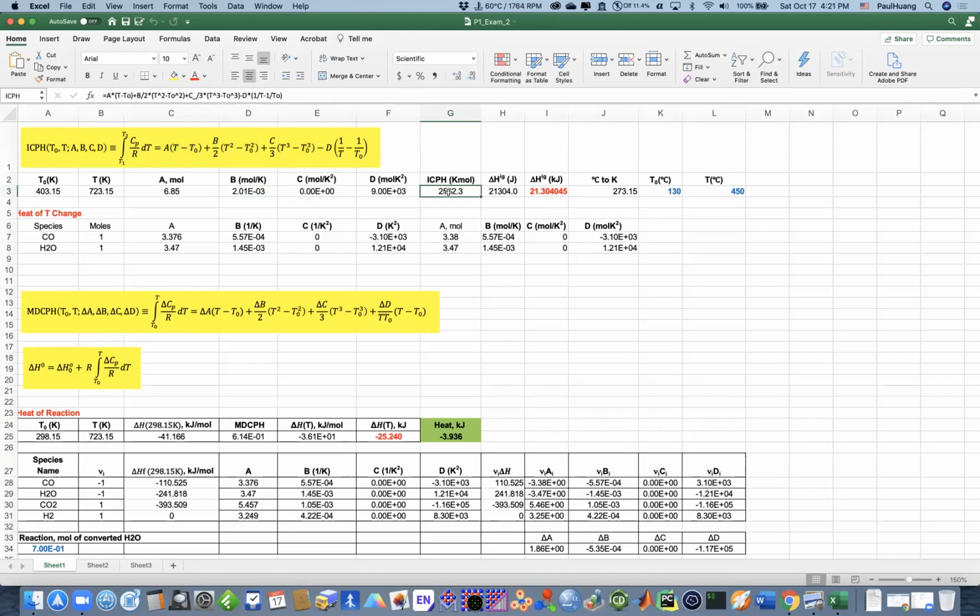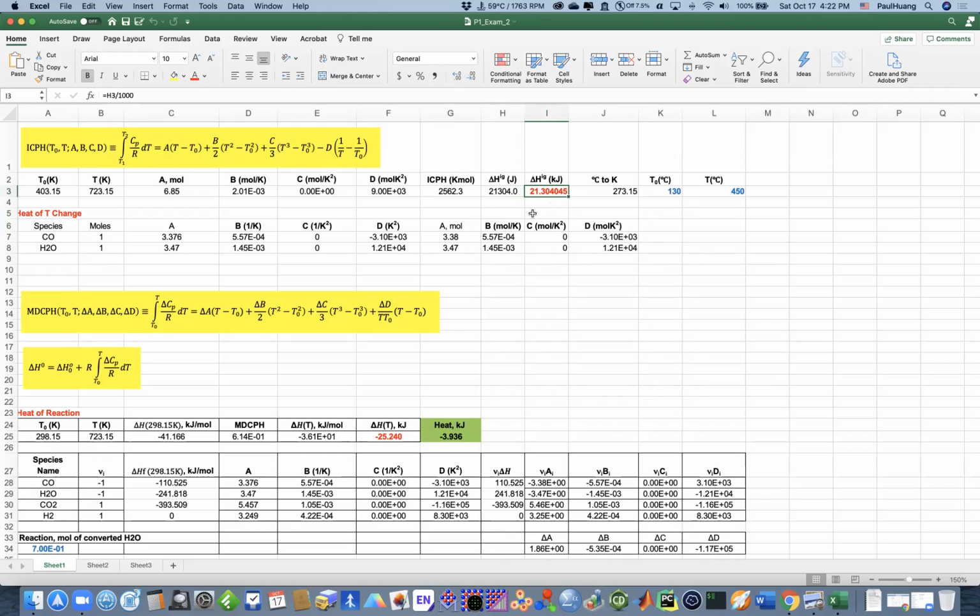So then you just need to use this ICPH equation to calculate, right? And then you run the conversion. So the values we are going to have will generate this Cp dt, and then we just need to multiply by this gas constant value, and do the unit conversion so that we have this in kilojoules.